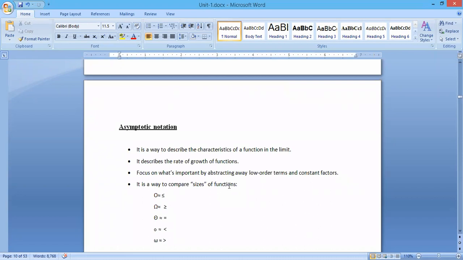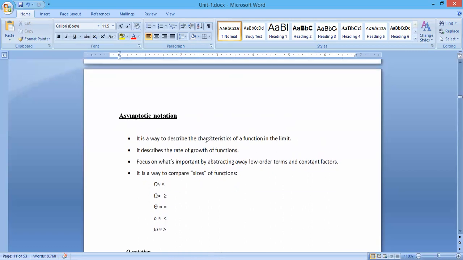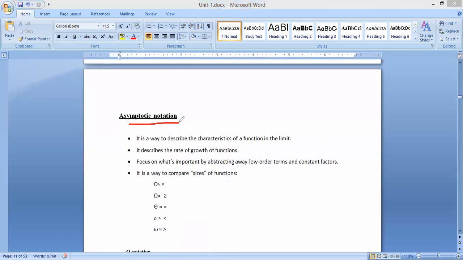So now I am going to move to the asymptotic notations. We will discuss more examples about growth rate further, but we need to learn about these things first. These are the notations for asymptotic notation.